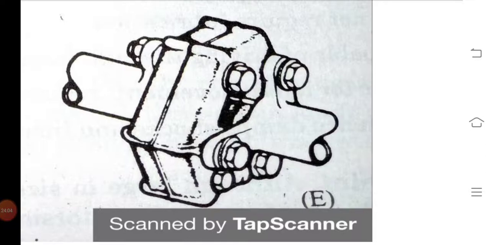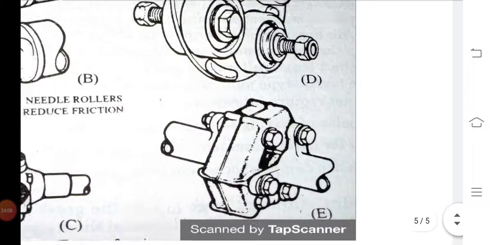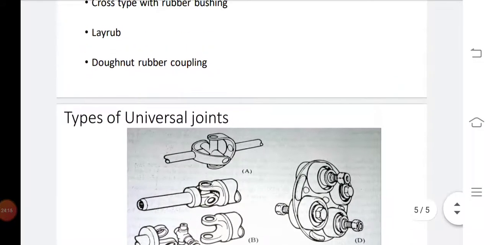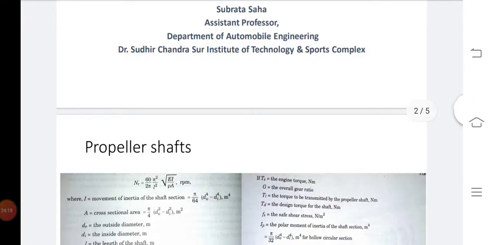The advantage of this donut type of universal joint is almost similar to the layrub type. Okay, now my today's topic is over. Thank you.